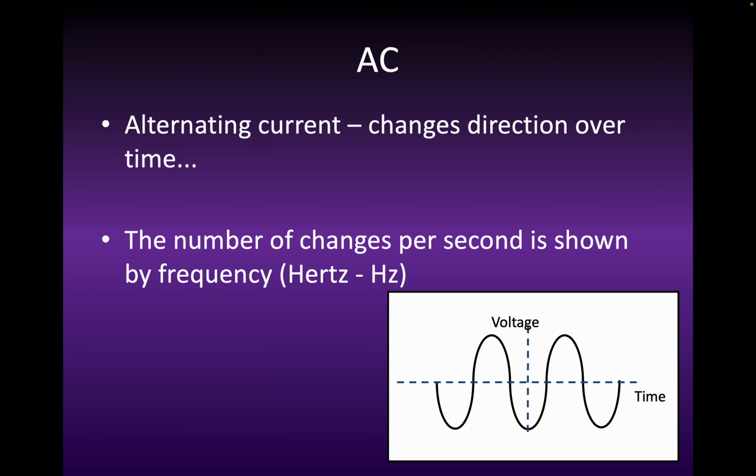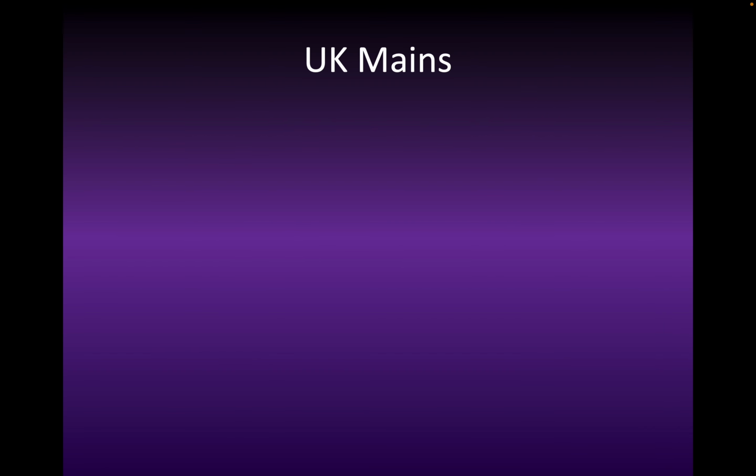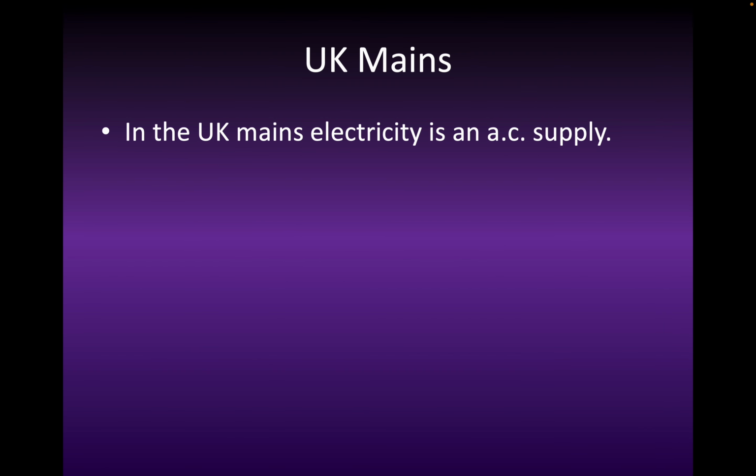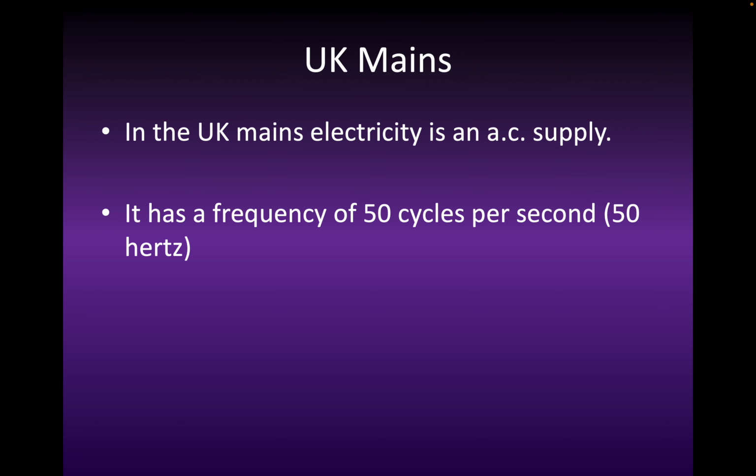And frequency is measured in hertz, and hertz means cycles per second. So UK mains, as we said, has 50 cycles per second or 50 hertz, and it's the same in the UAE where I'm teaching.